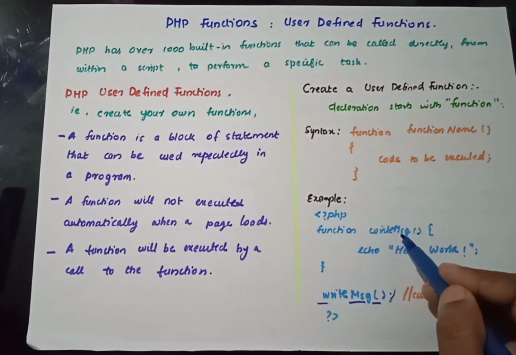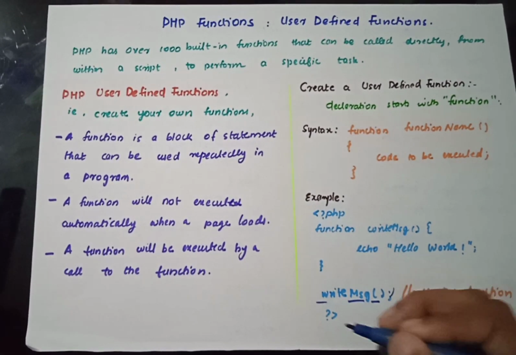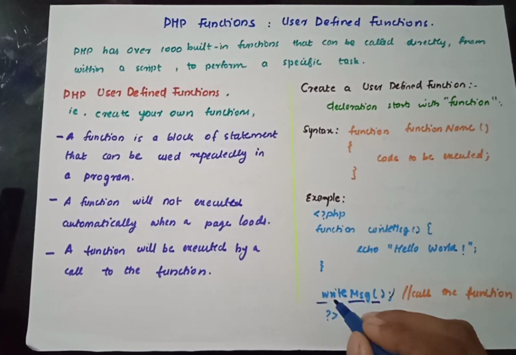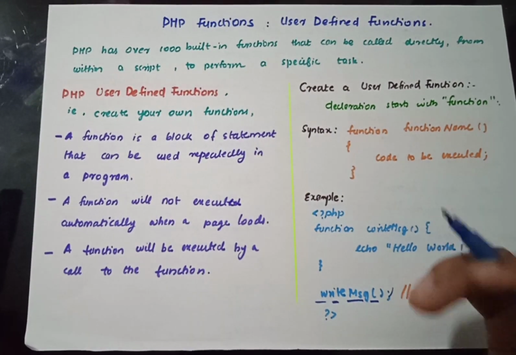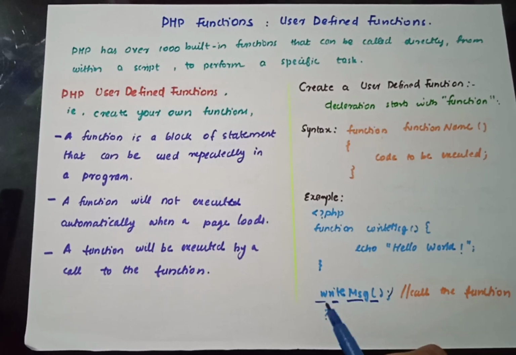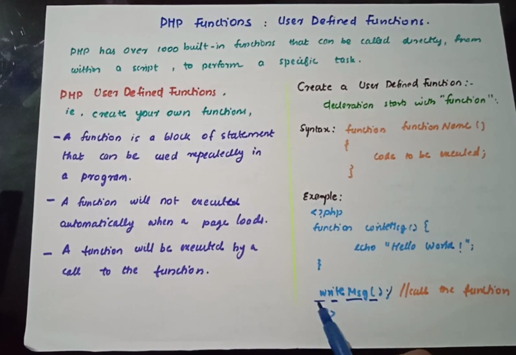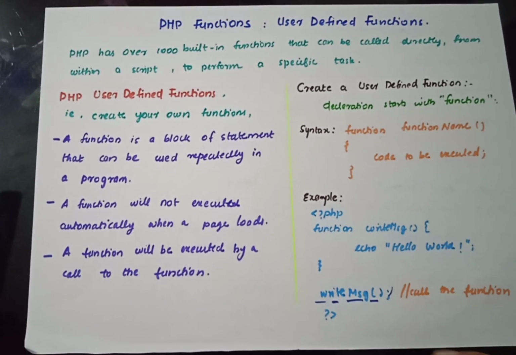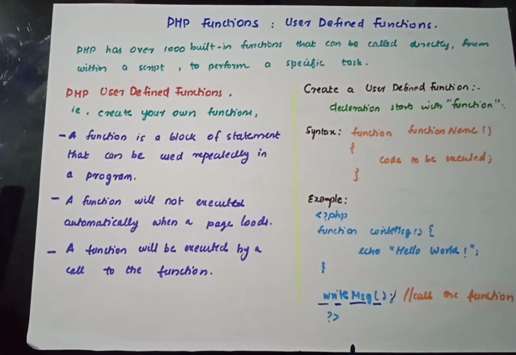You define a function, and whenever you need output from it, you just call that function. You never need to write that set of code again and again for the same instance. You just need to call that function. So we called it, and our output will be Hello world. Okay, so that is all about PHP functions. Thank you.